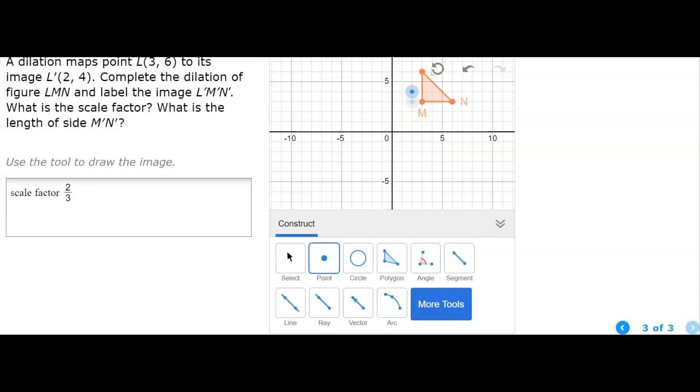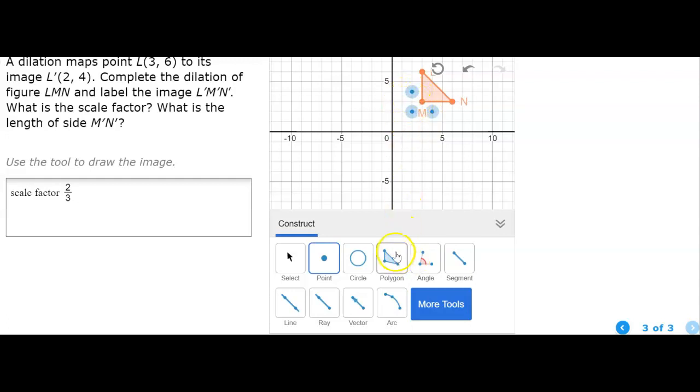No, that wouldn't work. It would be 4 and 2, not 2 and 4. So there we go. And then we have M to be about there.